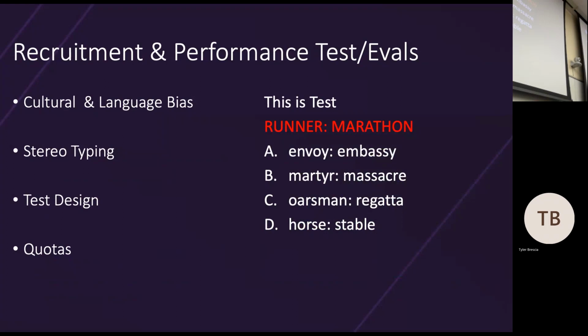Someone from the inner city like me, I didn't even know what a freaking regatta was, much less what an oarsman is, but C is the correct answer. Someone who knows what a regatta is, this is from the research on this particular question, you can look this question up and you'll find all kinds of research on that, comes normally from someone who probably lived by the water, which you all know about redlining, you all know about the other side of the tracks.